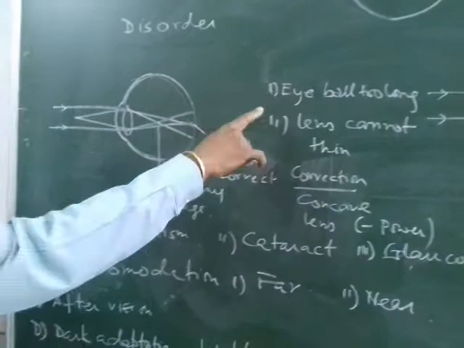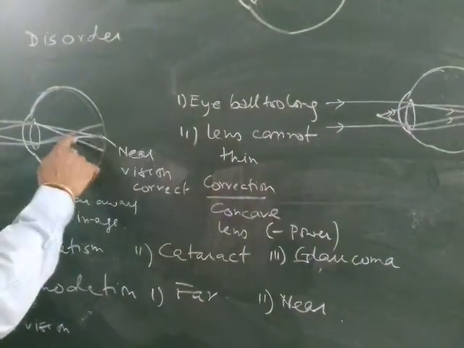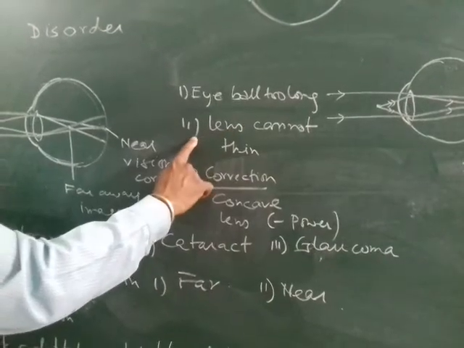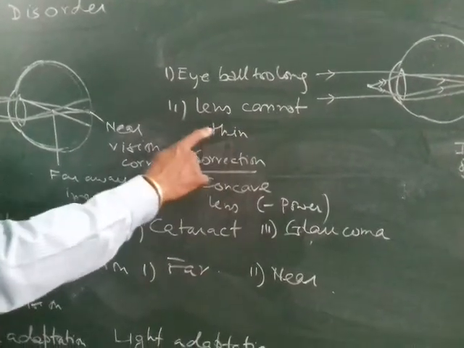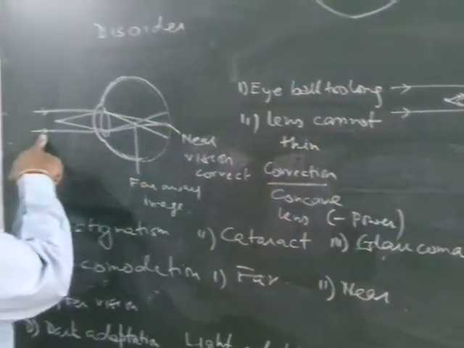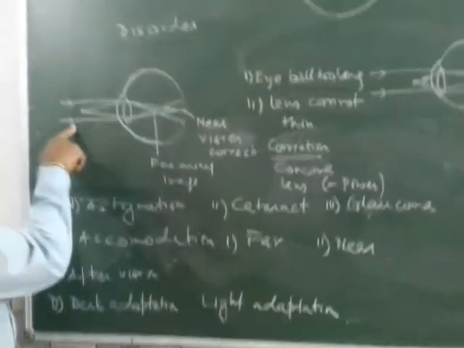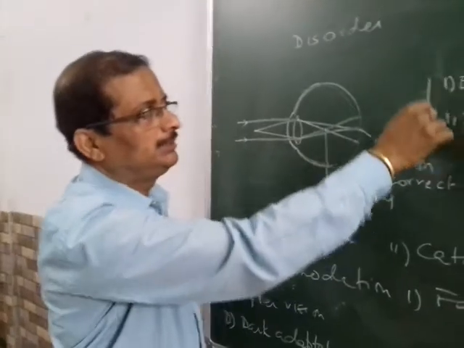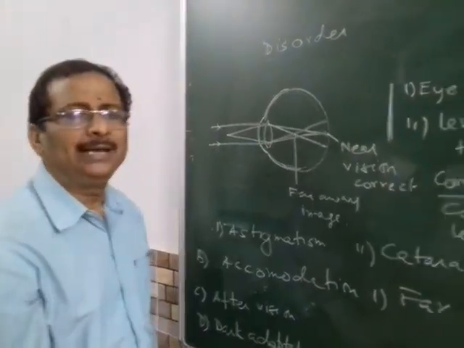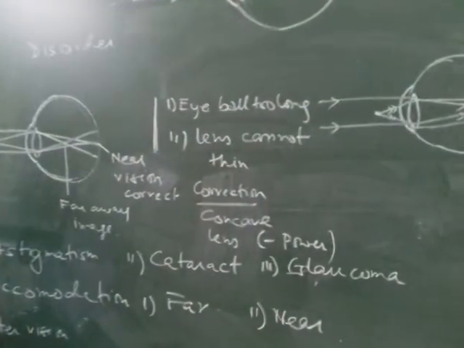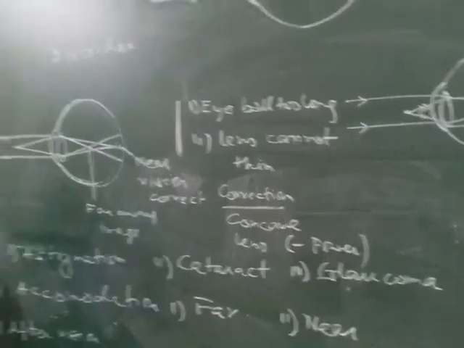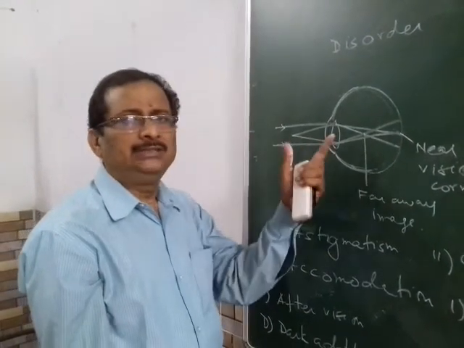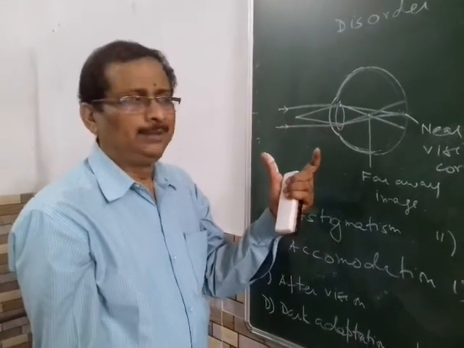So one cause is that the eyeball is too long, and the other is that the lens cannot thin to focus the object from far onto the retina. These are the two causes of the myopic eye. Myopia occurs mostly in young children. The first complaint they make in class is that they cannot see what is written on the board.